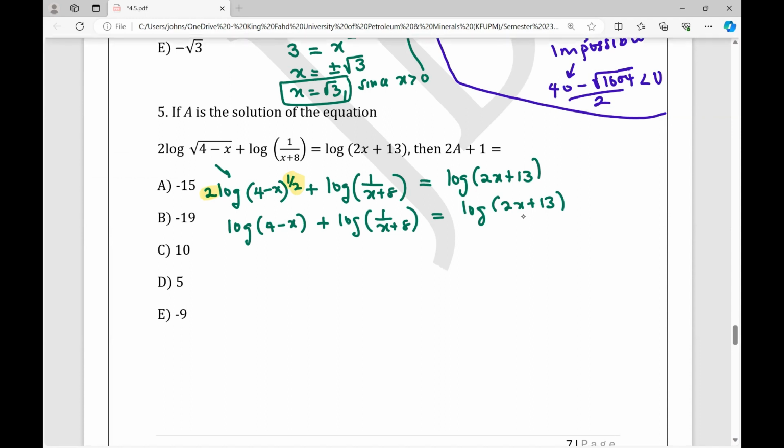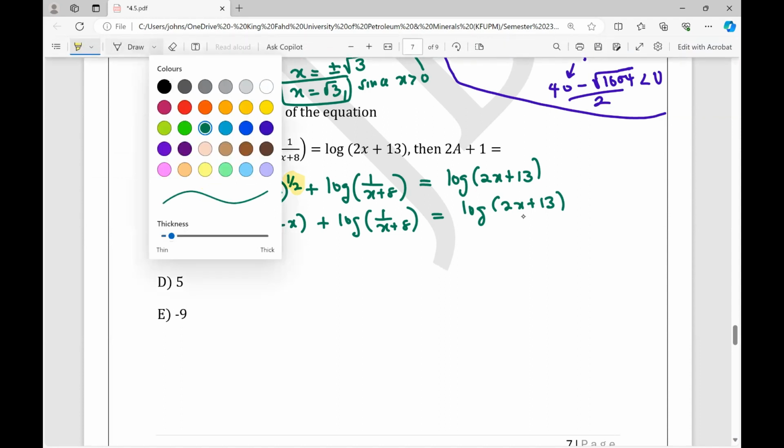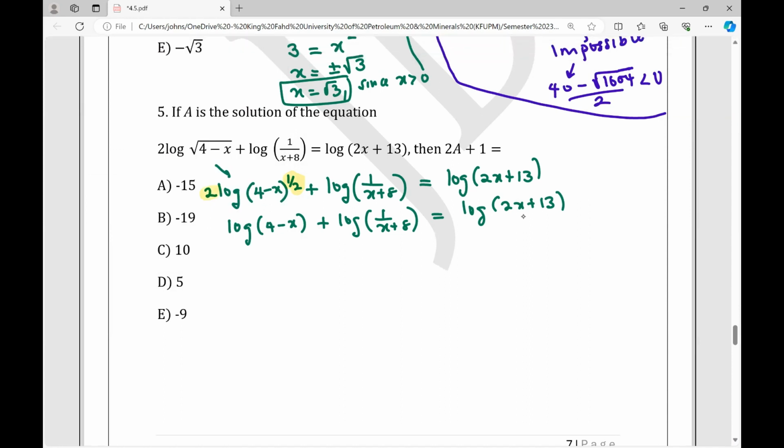And now, so what else? You can multiply these two. So you have log of 4 minus x multiplied by 1 over x plus 8. And this is log of 2x plus 13.